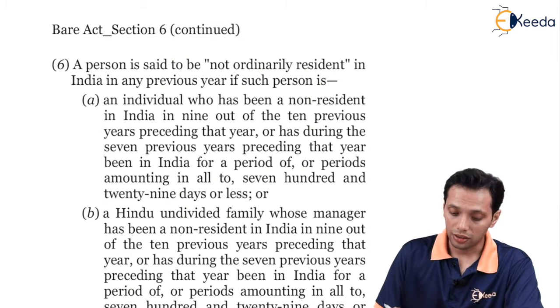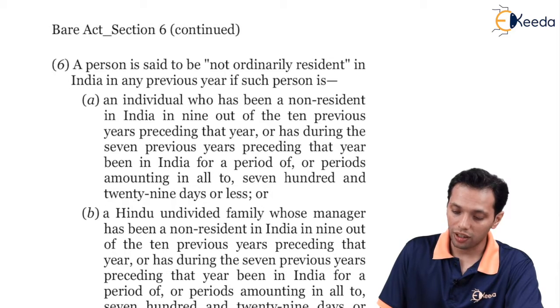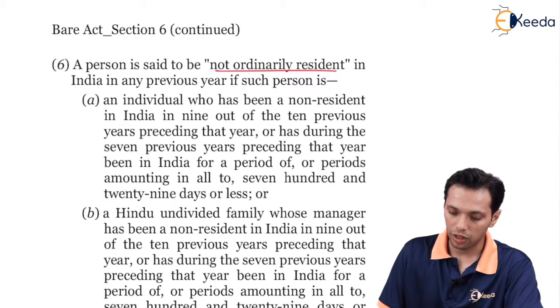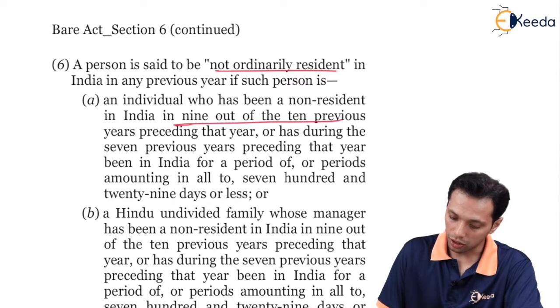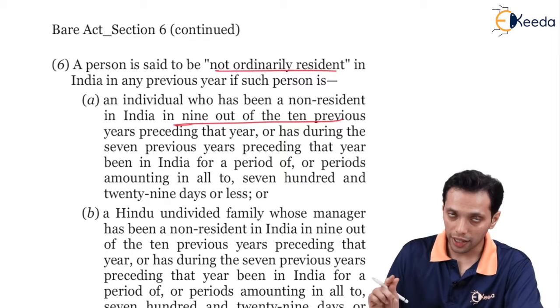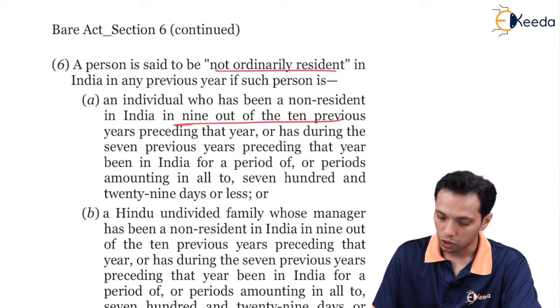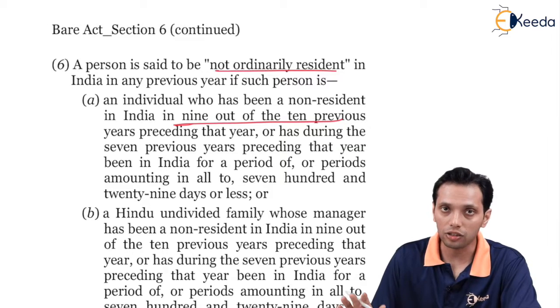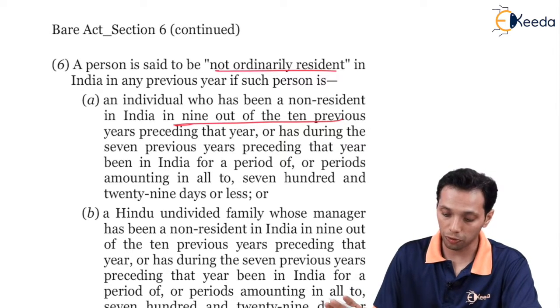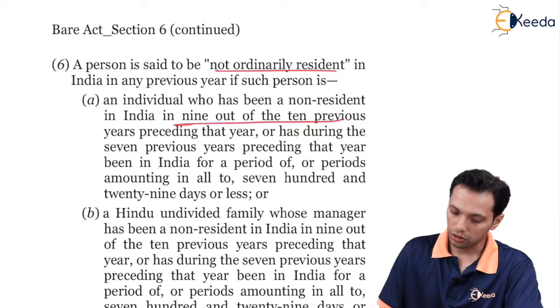As per sub-section 6 of Section 6, a person is said to be not ordinarily resident, RNOR, in India in any previous year if such person is an individual who has been a non-resident in India in 9 out of 10 preceding years. Here it has been written in a negative form. If we convert it, a person should be resident in at least 2 of the financial years out of 10 preceding financial years.